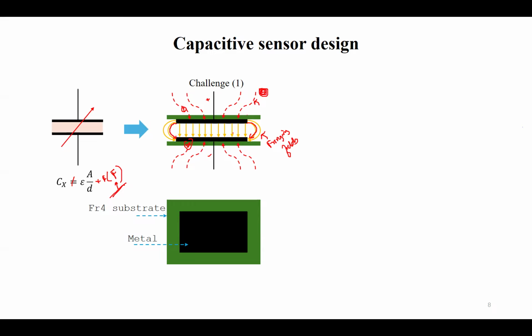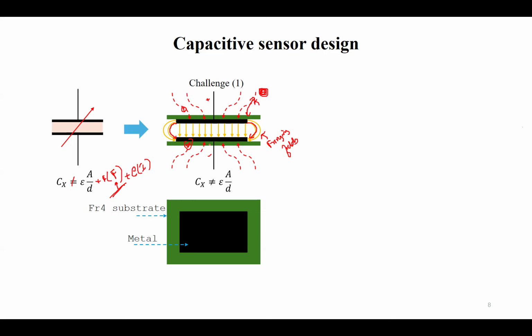There will be corresponding field lines between the hand and the metallic plate. So again, this will also create an error. I'll call this error due to the interferences. Okay, so in effect, the net capacitance won't be equal to epsilon A by D.